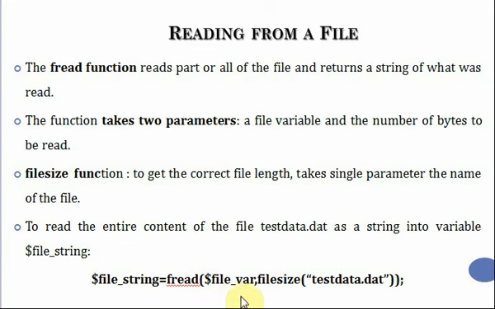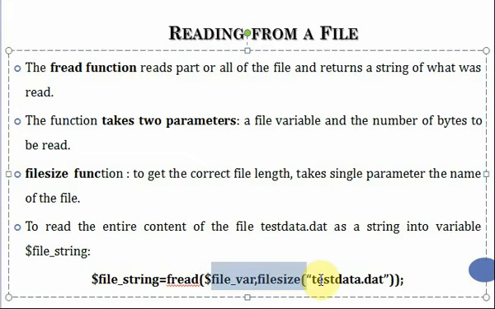Here you have an example. For this fread function, the first parameter is the file variable, followed by the second parameter, the number of bytes. Here for the number of bytes we have given filesize. We have used the function filesize, which is going to give you the correct length of the file testdata.dat.